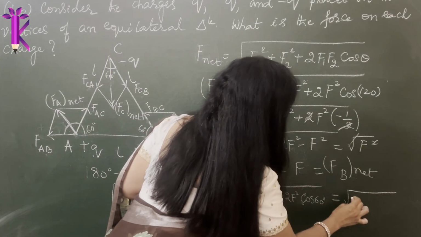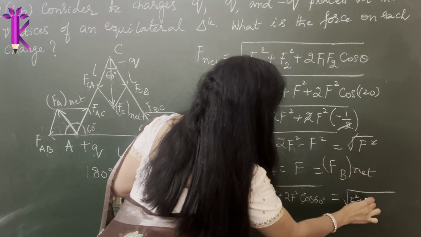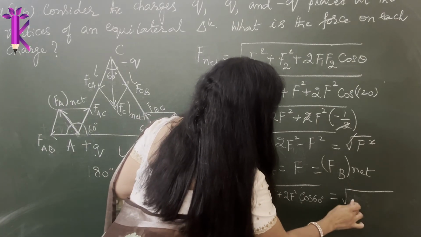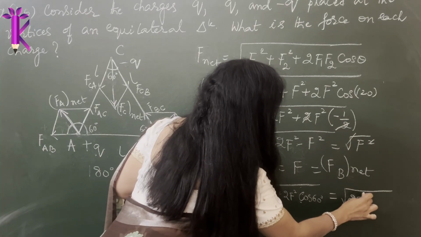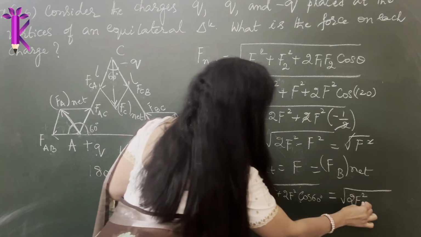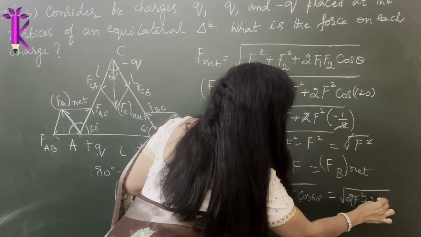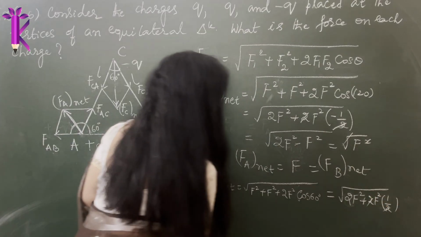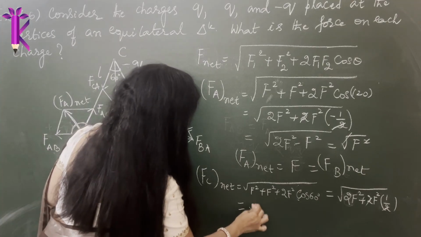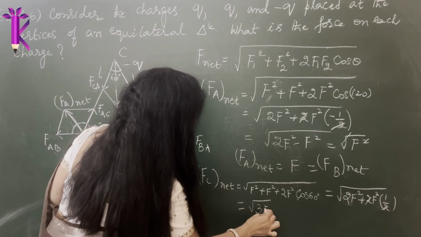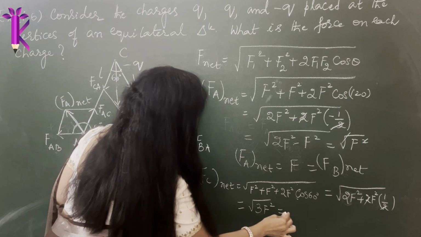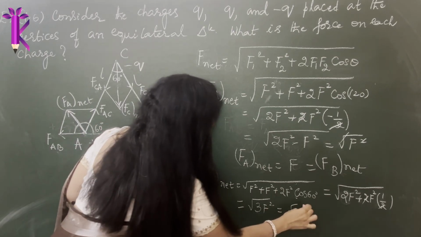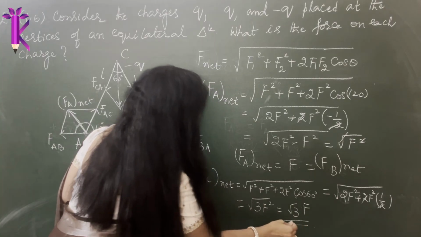So this will be F square plus F square, which can be directly written as 2F square like we did, plus 2F square into 1 by 2. So 2 and 2 get cancelled. So 2F square plus F square is 3F square. So this can be written as root 3 into F, as square and root get cancelled. It is root 3 times F.